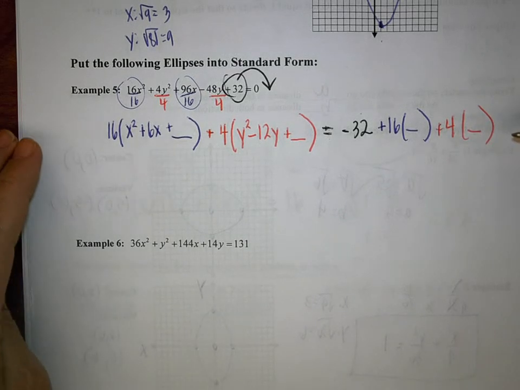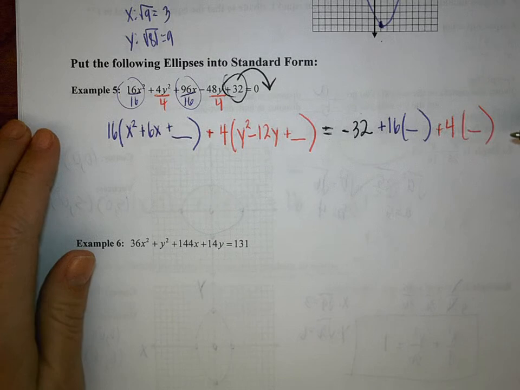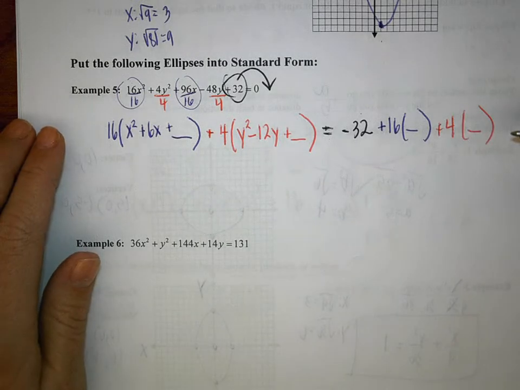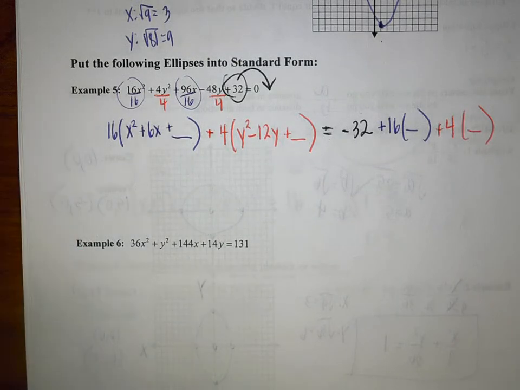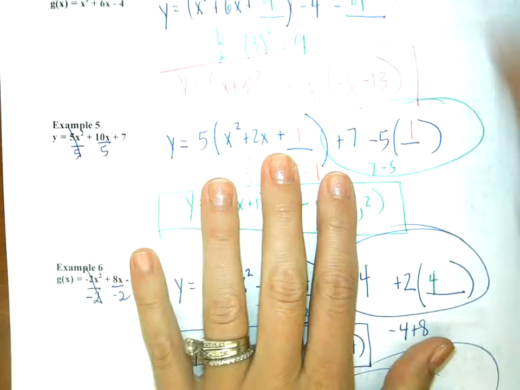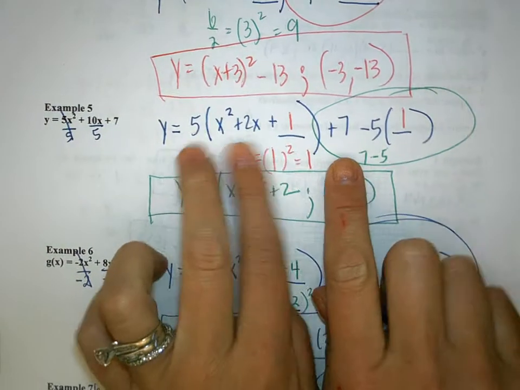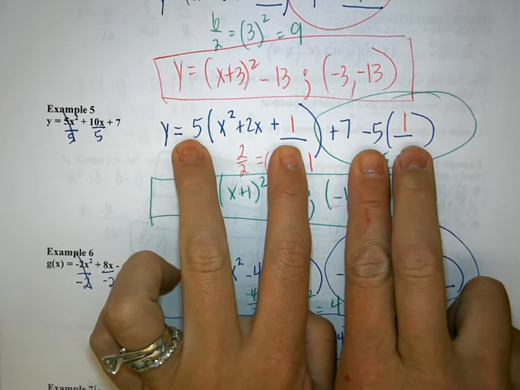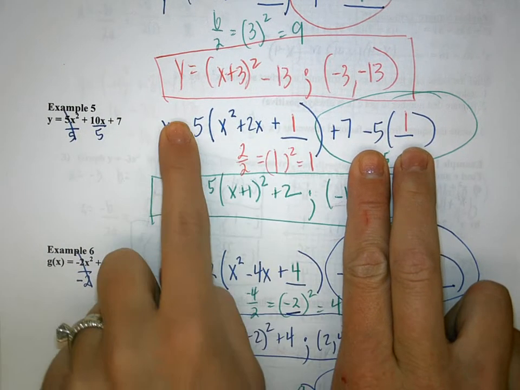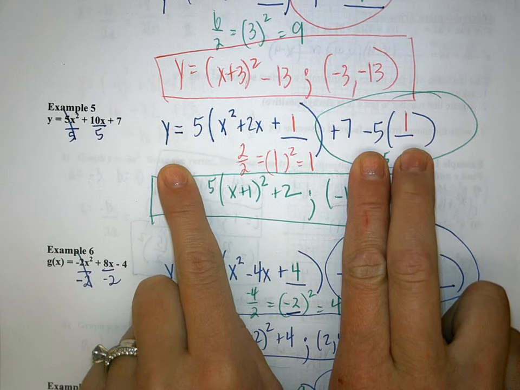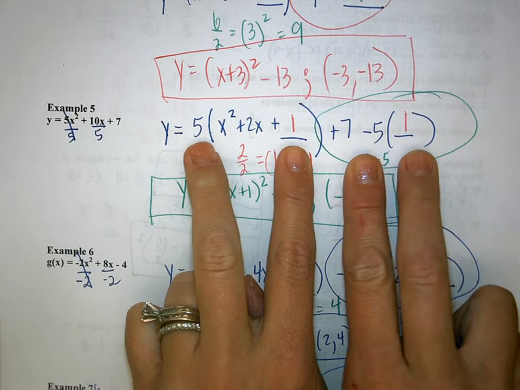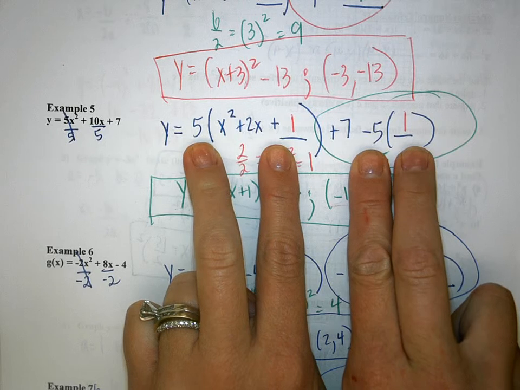Yes? Why would it be plus 16 blank plus 4 blank instead of... So if you go back to our parabolas, and I can show you here real quick, when we were putting our parabolas into our descriptive form, we did have 5 times the blank and negative 5 times the blank. What do you notice about this equal sign? Do you see how these numbers are both on the same side of the equal sign?